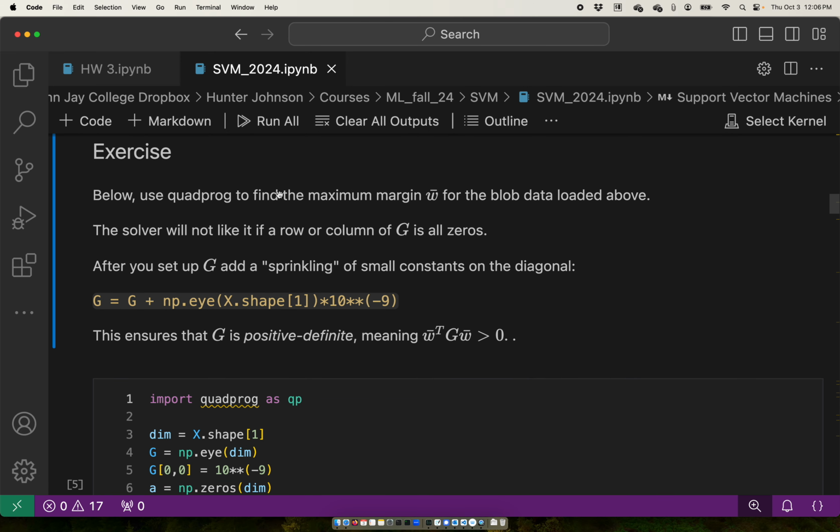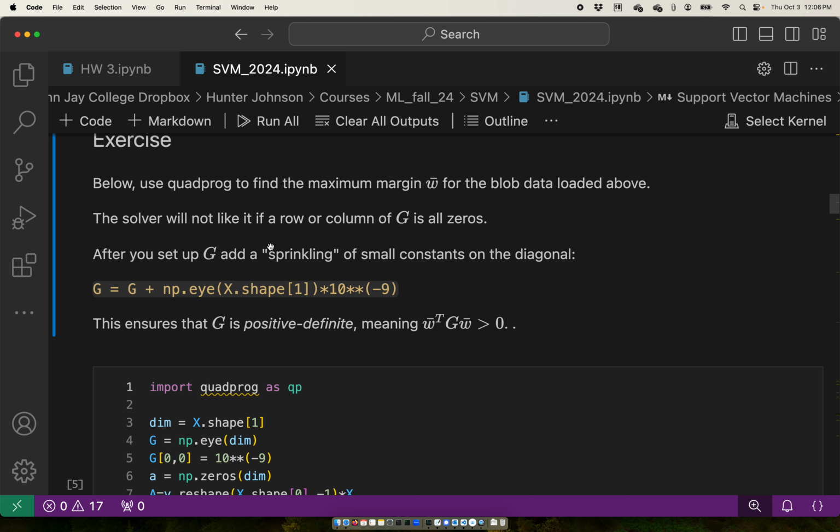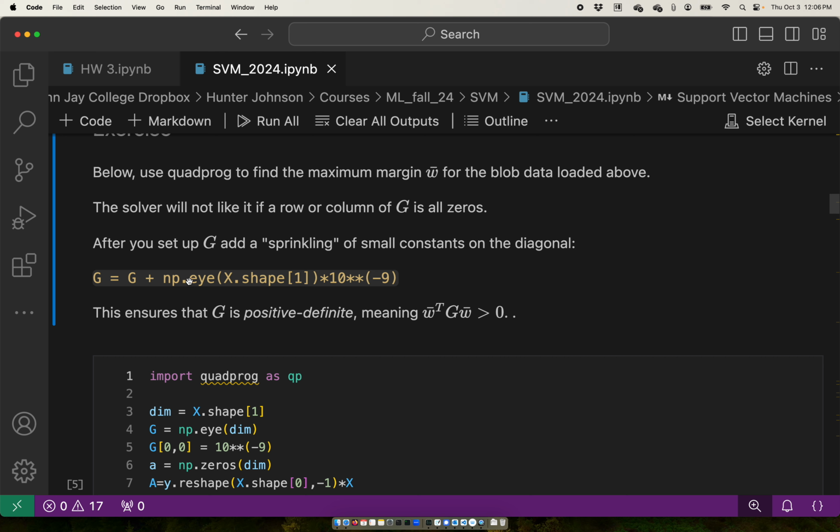So here is the first exercise I've actually done for you, just to show you how things work. It says below, use quadprog to find the maximum margin W for the blob data loaded above. The solver will not like it if a row or column of G is all zeros. So what this is doing is it's taking whatever G you construct and sprinkling a little bit of numerical dust.